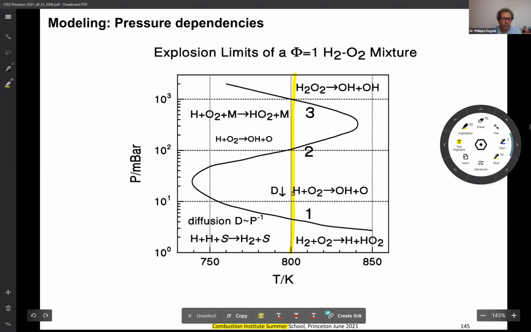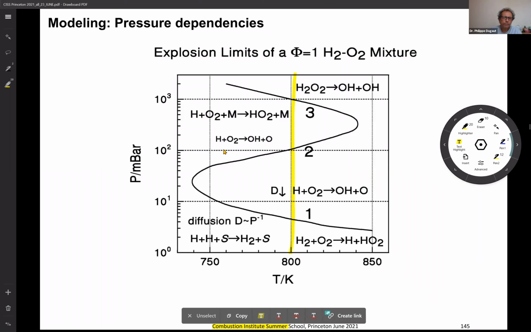And this goes on over a range of pressure, like this. And then gradually there is another reaction of H plus O2 that I mentioned before, which produces HO2, which becomes increasingly important when pressure increases.